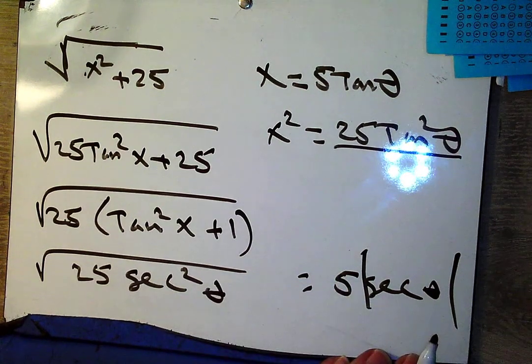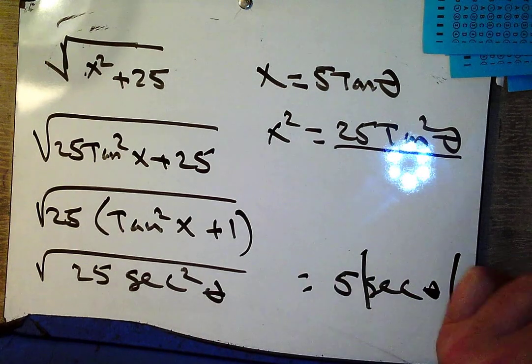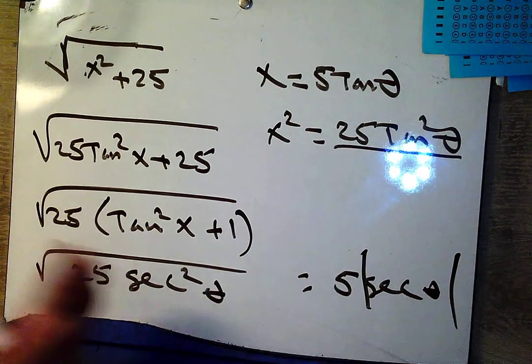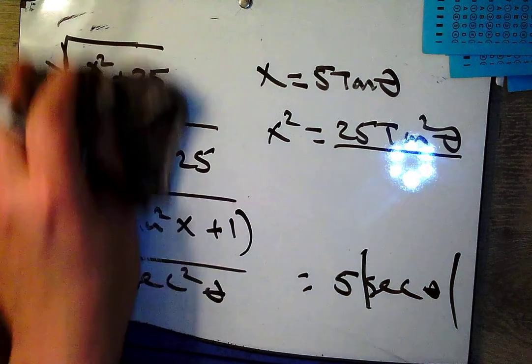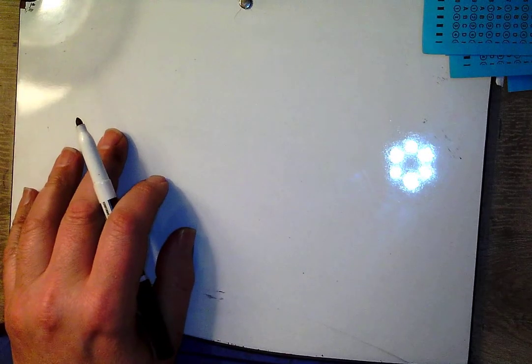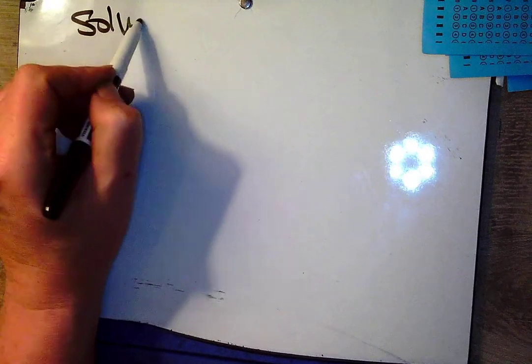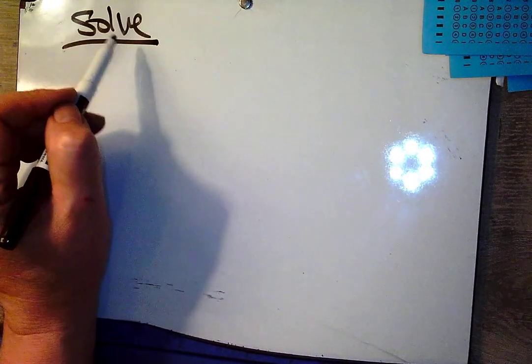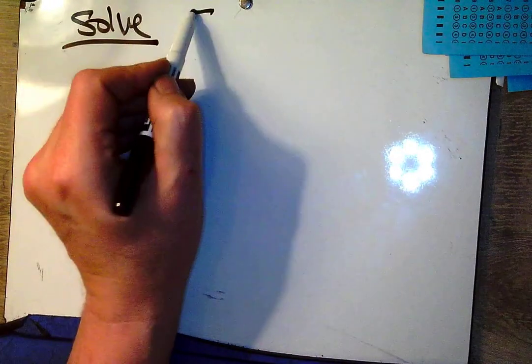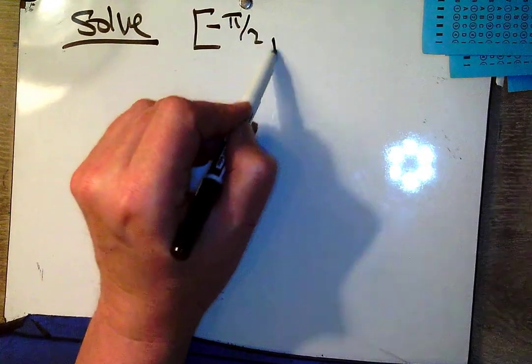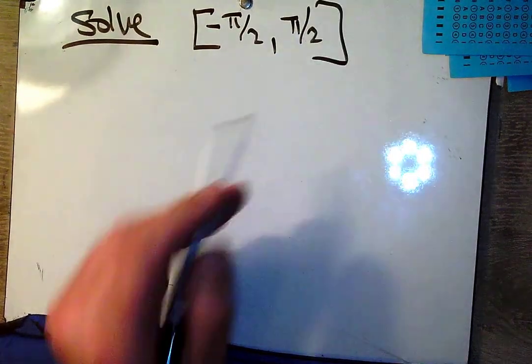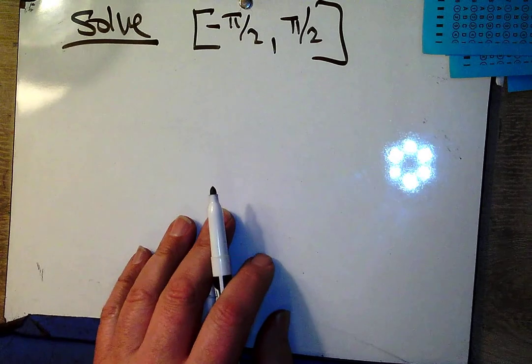Okay, all right. So I think that's kind of cool that we can do these. And in fact, yeah, in Calc 2, you do need to use trig substitutions. Let's take a look at a solving problem. Now we want to solve, and we're told on negative pi over 2 to pi over 2 is where we're looking for our solutions.